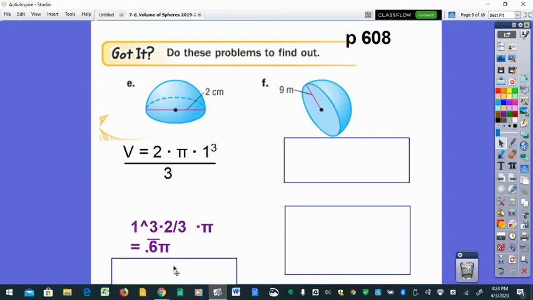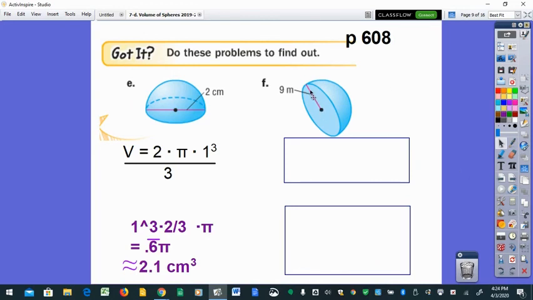Hit equals in the calculator, and you're going to see 0.66666 with a 7 at the end. That's because your calculator's rounding. You're going to write it as 0.6 with the bar notation pi, that's an exact answer. And then if you take the 0.6666667 that's in the calculator and multiply it by pi, the volume of this hemisphere is about 2.1 centimeters cubed.